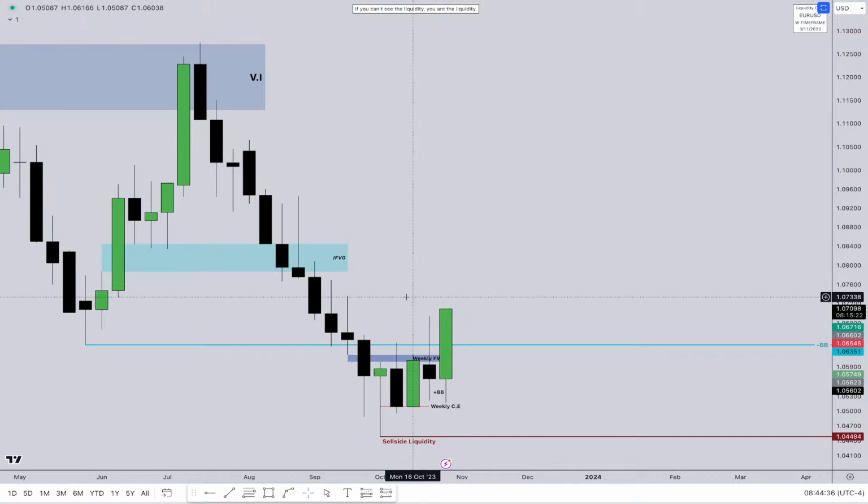Let's go down to the daily. What is the low of this candle? 1.06148. So it went below the fair value gap.